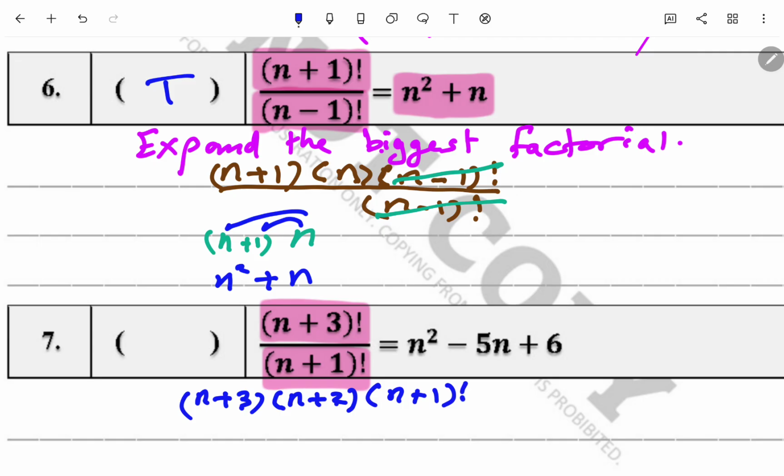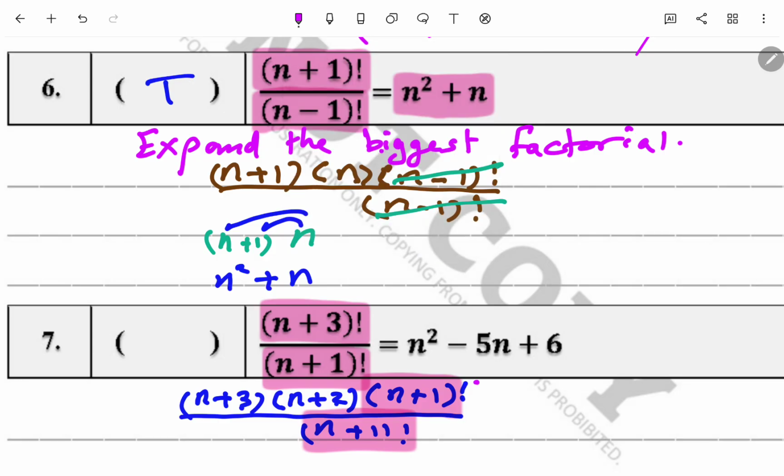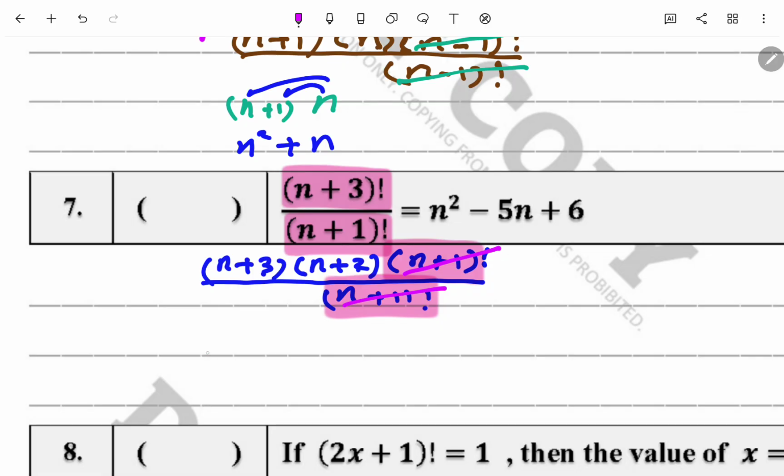But we have to stop here because it becomes similar to that down, and that will allow us to cancel them like this. These together are similar, so I can cancel them easily, and that will let us write n plus 3 with n plus 2.